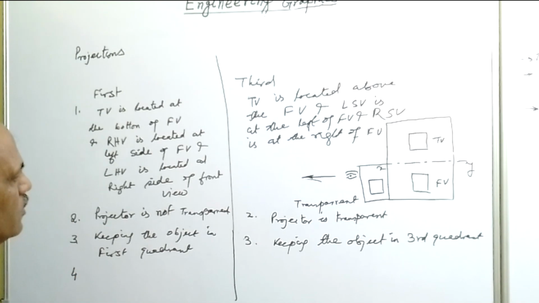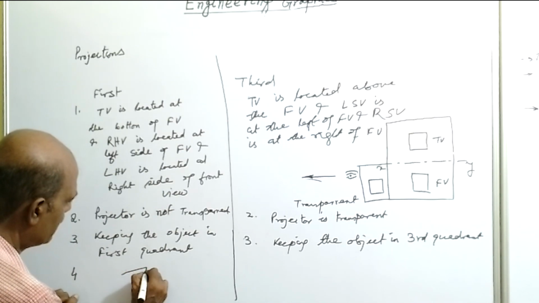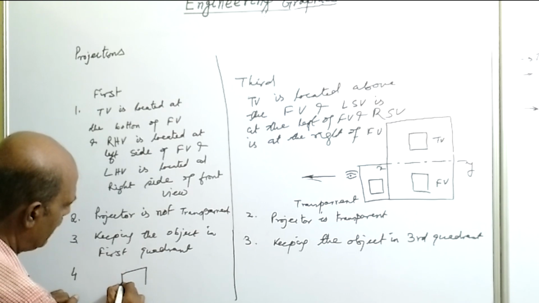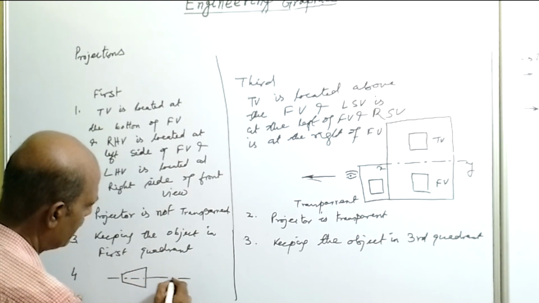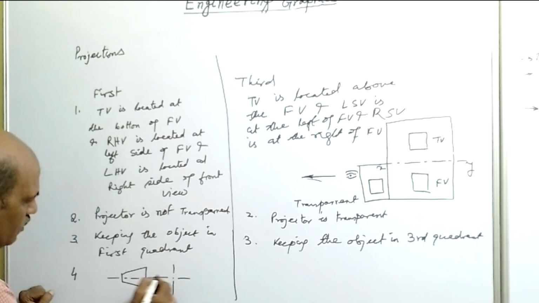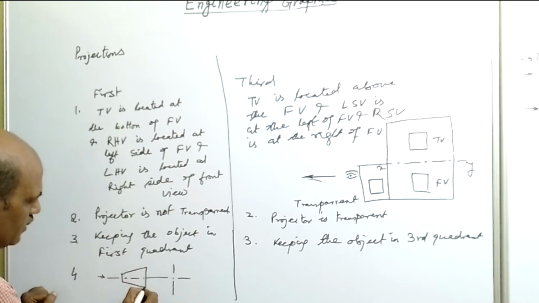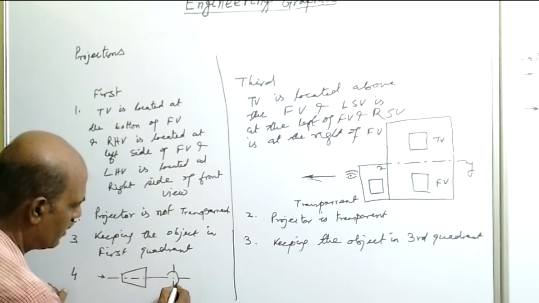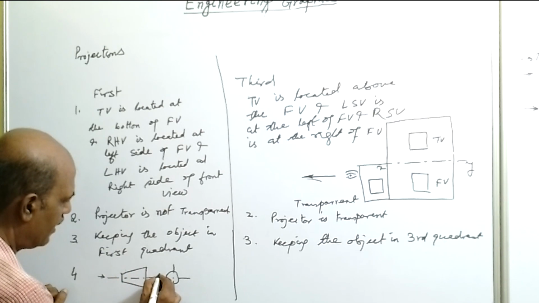Next, the symbol of projection. In first angle projection, say this is the truncated cone, and if we need to show the left hand side view, if you look from the left hand, you can see this circle as well as this circle. So both circles will be drawn with firm lines: the smaller diameter circle and the larger diameter circle.